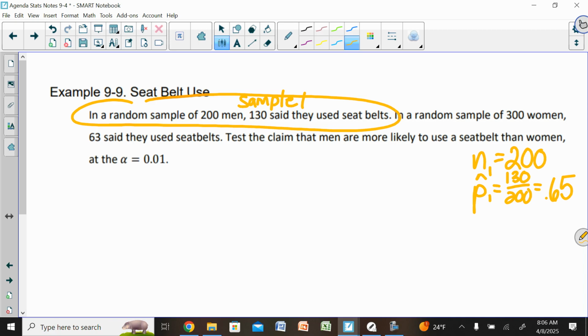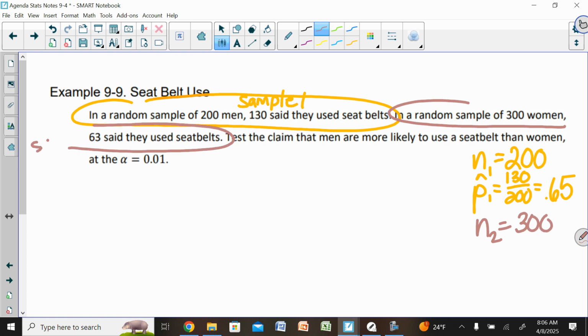In a random sample of 300 women, so our sample size 2 is going to be 300, 63 said that they used seatbelts. So our p hat 2 will be 63 out of 300. That's a really big difference.